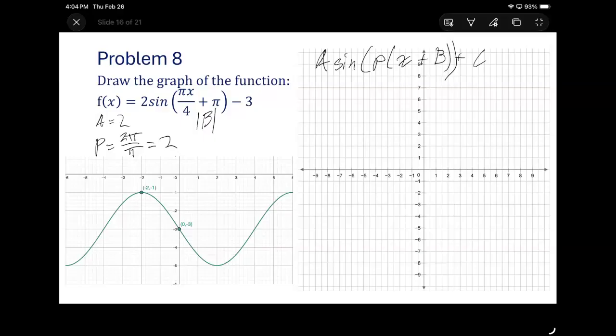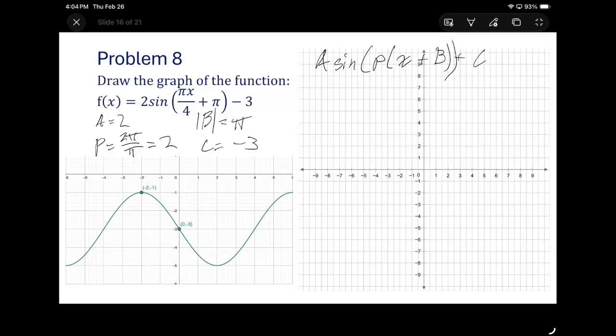What is the value of the horizontal shift? Pi. And then we know that the vertical shift is -3.